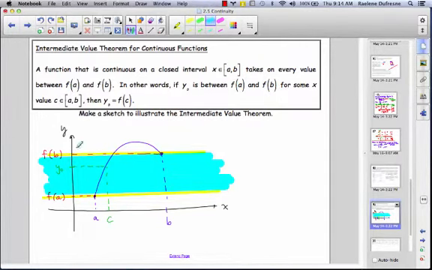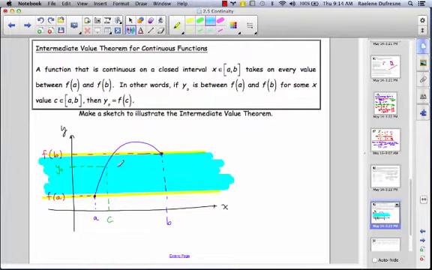If the function's not continuous, then yes, the function can jump without taking on all the intermediate y values. But if the function is continuous, then the function will take on every single value in between the lowest known y value and the highest known y value.